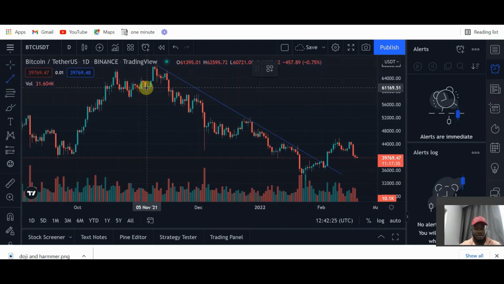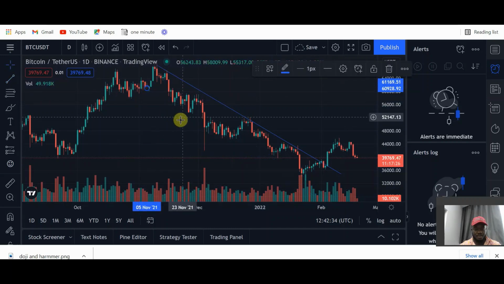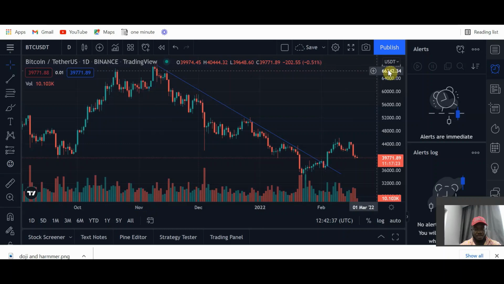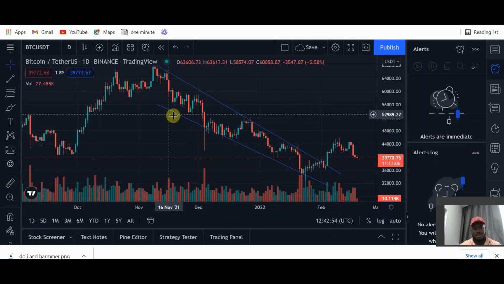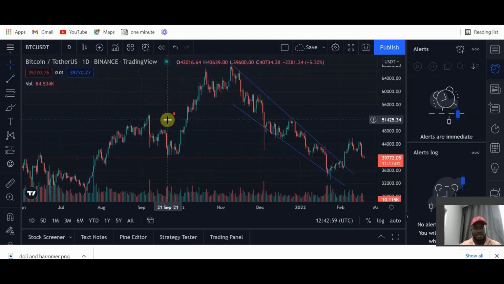You can draw the second one from here, and you can draw from here. You can draw from here to now, connecting 3 different points, showing you that the market is in a downtrend.